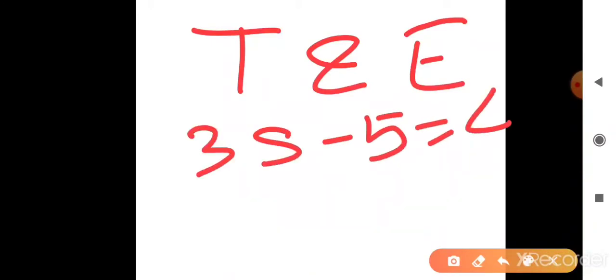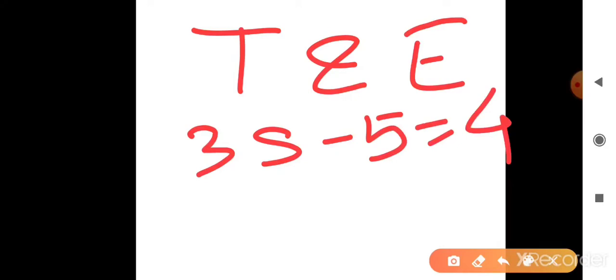Now suppose I take an equation which is 3s minus 5 equal to 4, and you have been told that this variable has a value between 1 to 10. Before calculating, you can consider s to be any number.